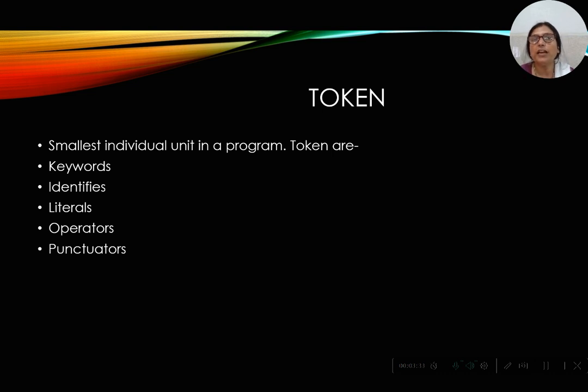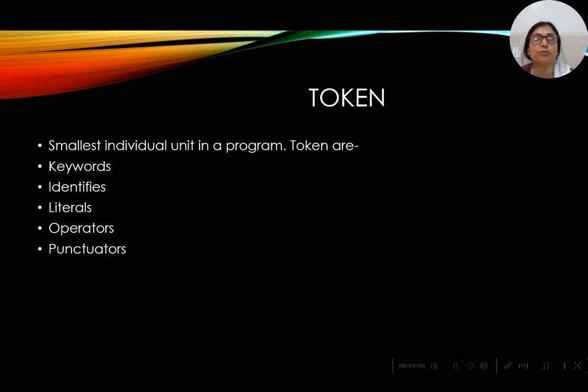Let's take an example. Ram is good boy. Ram is a proper noun, is is the auxiliary verb, good is the adjective, and boy is the noun. That means there are certain fixed tokens for the English language.